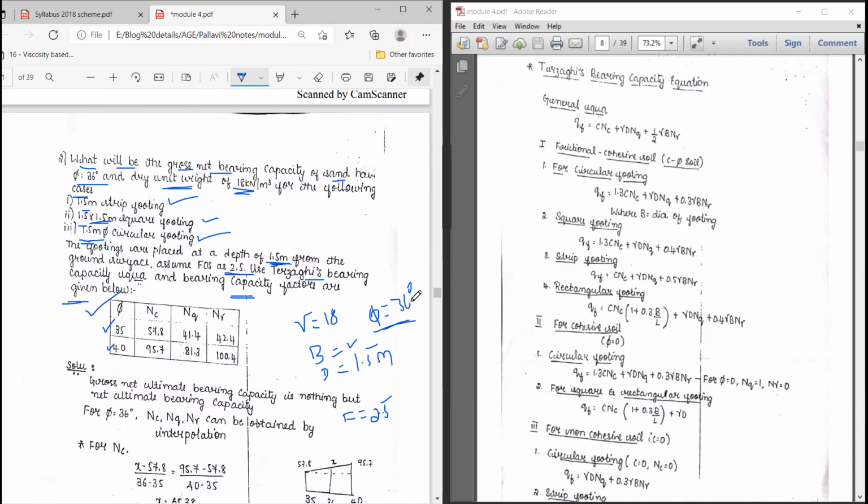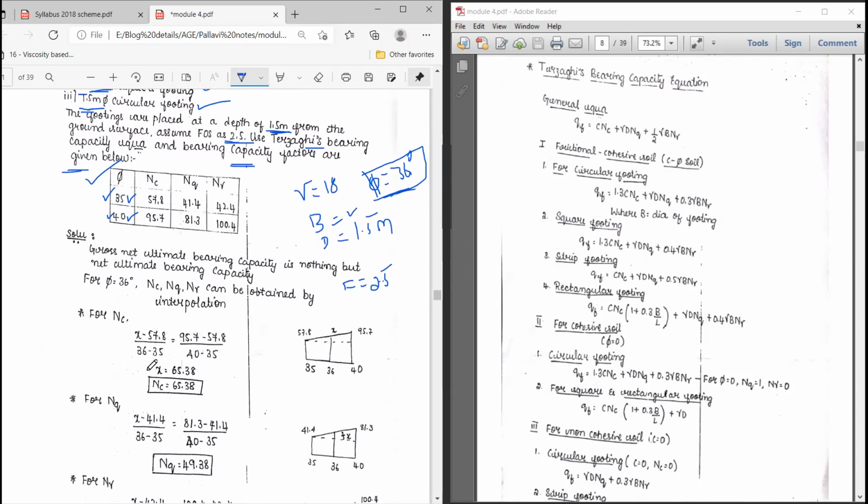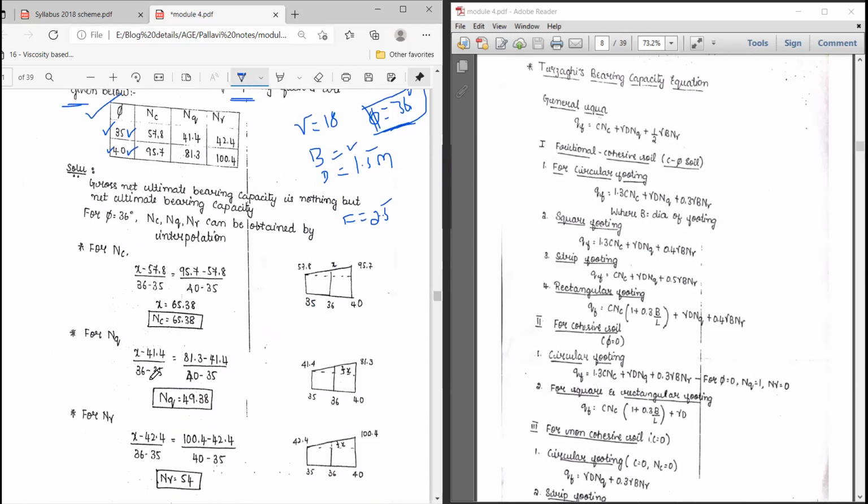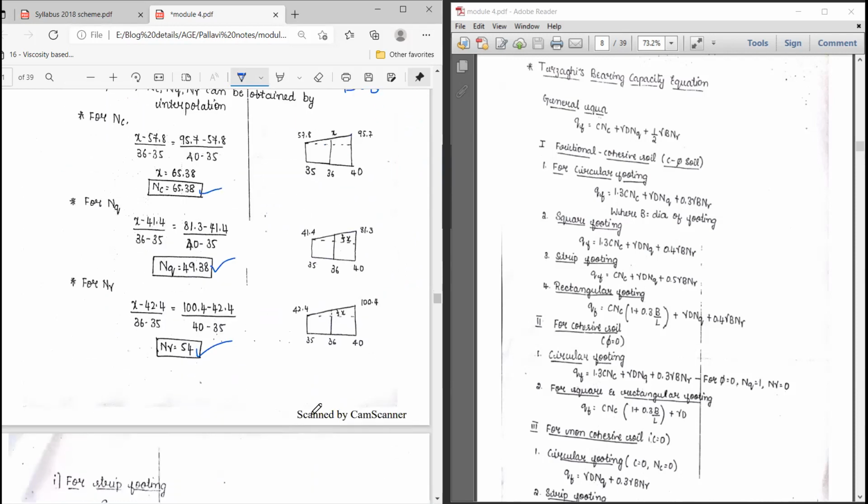You have to do the interpolation for 36 degrees, considering the 35 degree values of Nc, Nq, and N gamma, and the 40 degree values of Nc, Nq, and N gamma, in order to calculate N suffix c, N suffix q, and N suffix gamma, that is Terzaghi's bearing capacity factors. So I had calculated N suffix c for 36 degrees as 65.38, N suffix q is 49.38, and N suffix gamma is 54. So I did the interpolation.